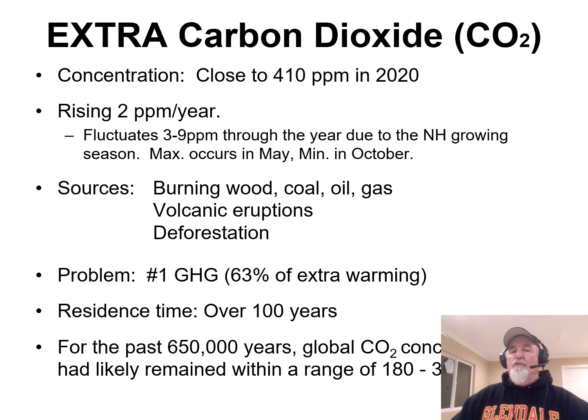And then if we burn those same trees that were part of the forest, we're releasing extra CO2 to the atmosphere. That's problematic. If we dig down and extract the old fossil fuel, coal, oil, gas, and then burn those and release that carbon into the atmosphere, we're putting back into the atmosphere carbon that was pulled out hundreds of millions of years ago. There's bound to be an impact from that.